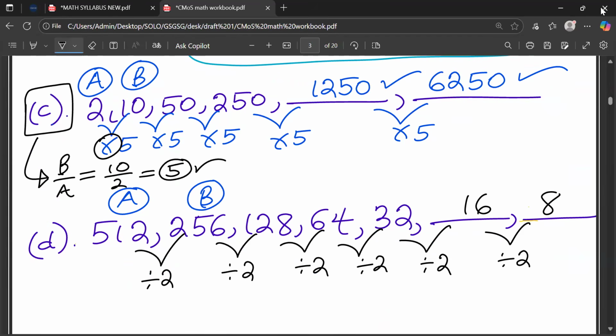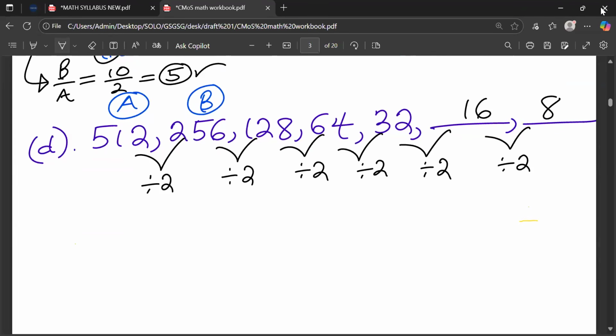Then I later decide, oh, that now the 5 is being multiplied throughout. You get the point? Even this last one, D, I don't want you people to pretend because you already realize it is divide by 2. No, the order does not change.